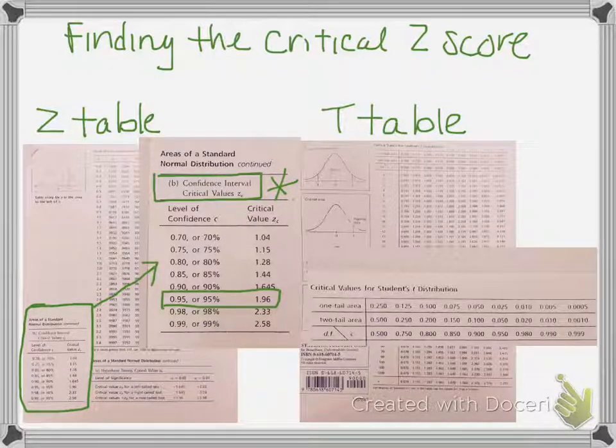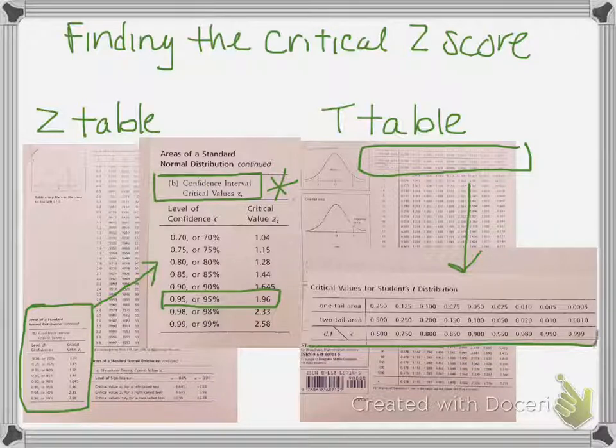In a T table, it's a little bit different. The confidence levels will either be at the top or at the bottom. In this T table, they are at the top, right up here. And again, I've made them bigger so you can see them. All you have to do is match up your percentage to whatever you need, and then look straight below.